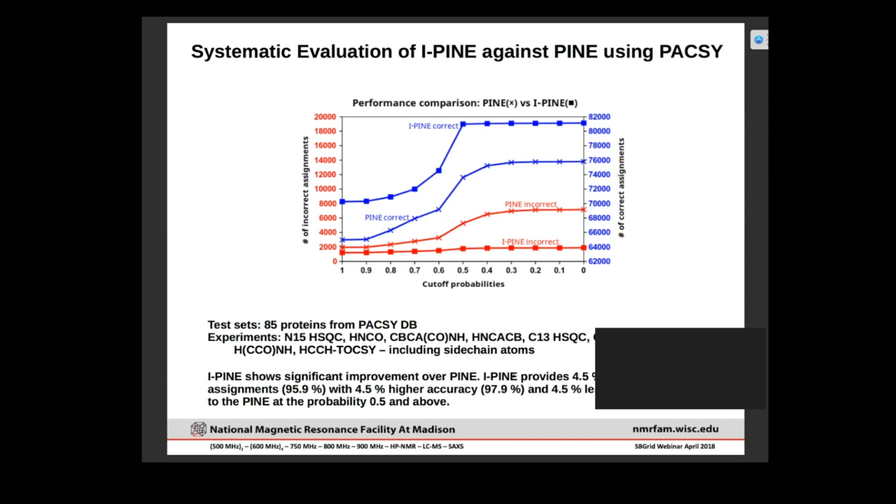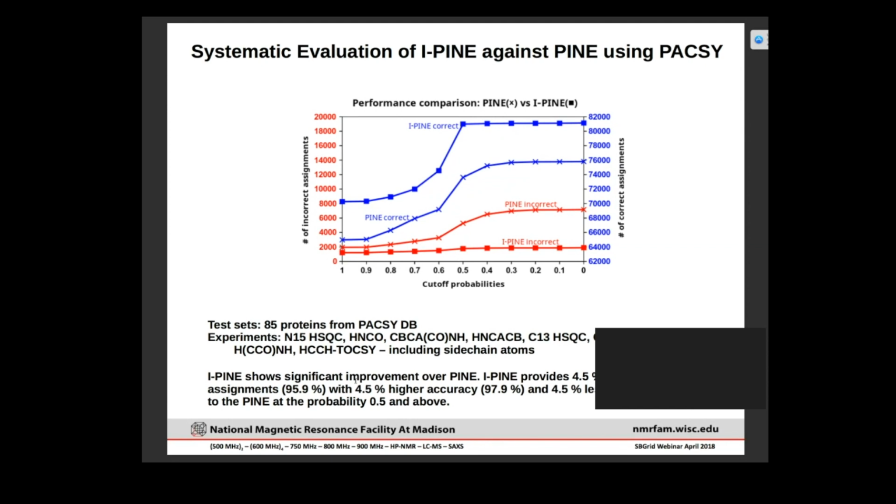So that is very significant improvement because this report is including all the side chains. So backbones are more or less the same. It's above 99% accuracy, but the side chain difference is huge.